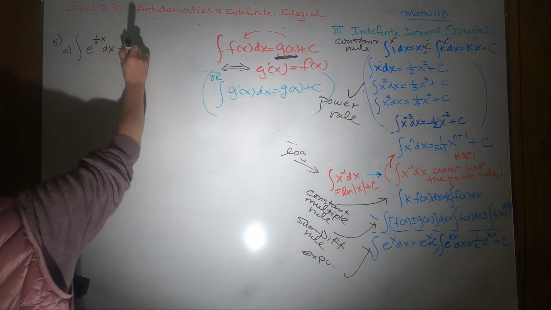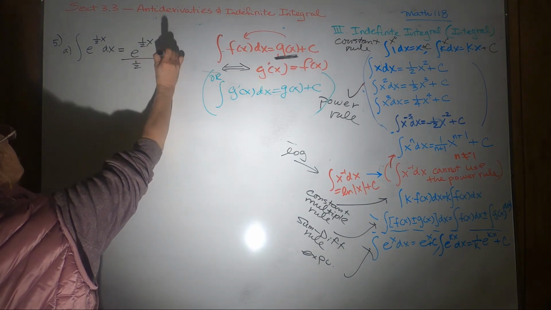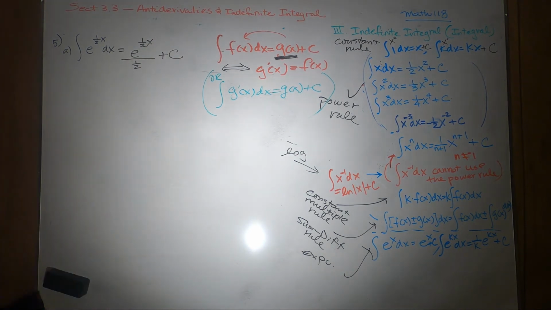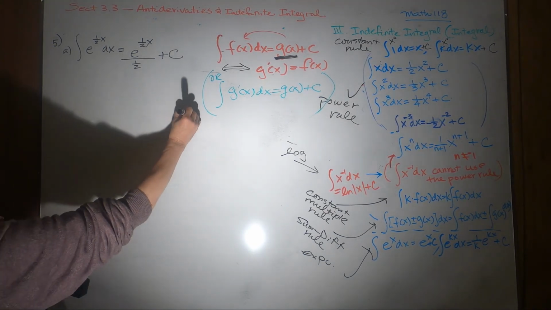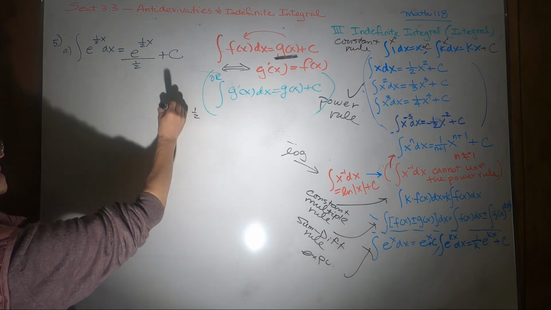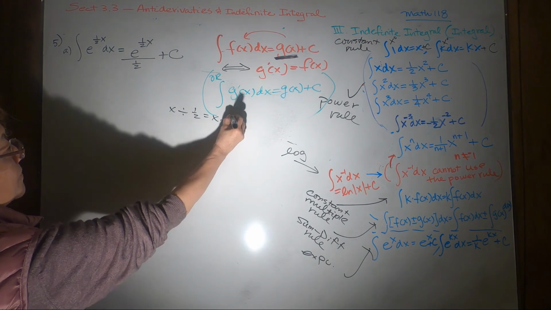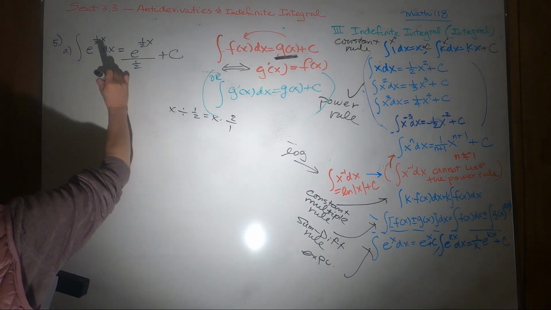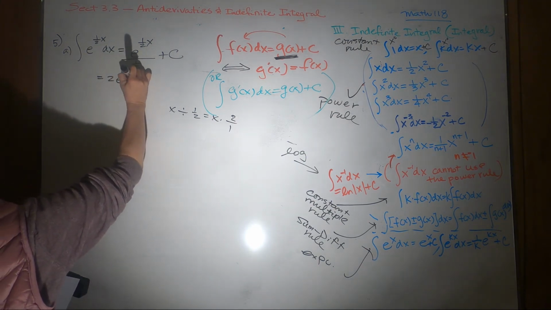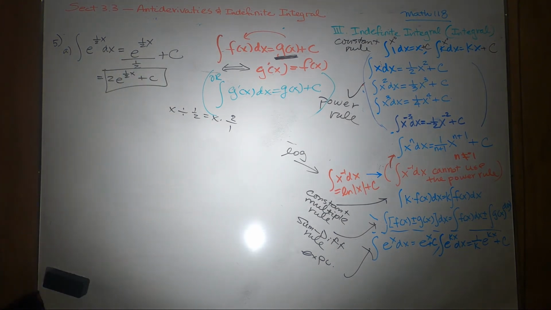So what do we do? You should have e to the x over 2 power divided by half, right, plus your arbitrary constant. How do you divide by half? If you divide by half, you should do what? Multiply by 2, right? It's a reciprocal, so you should multiply by 2. So that will be your answer for that.